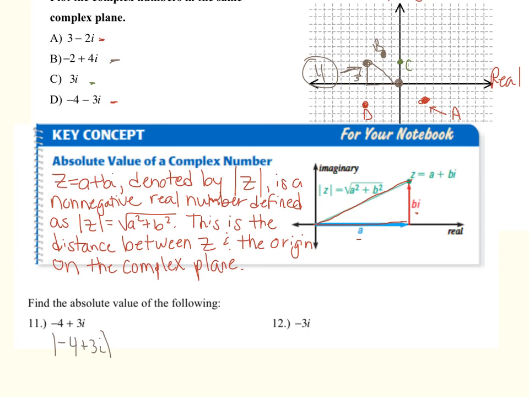So one leg is 3, the other leg is 4. So this absolute value, the distance from the origin, is going to equal 3 squared plus the negative 4 squared.